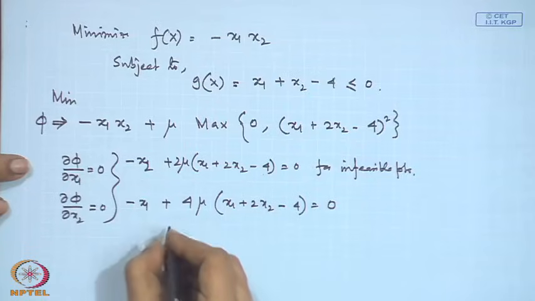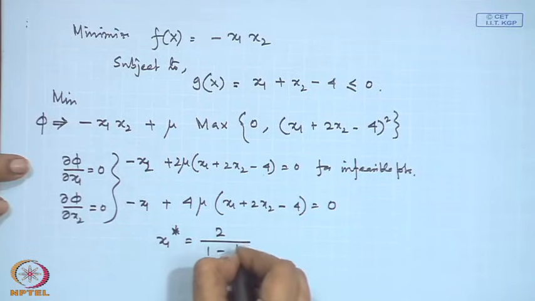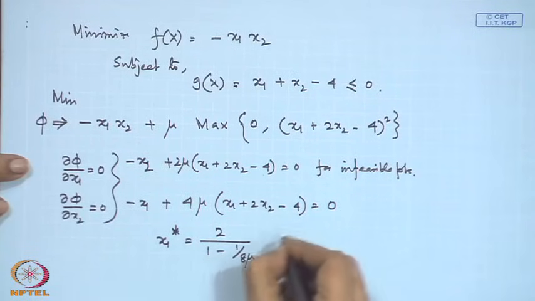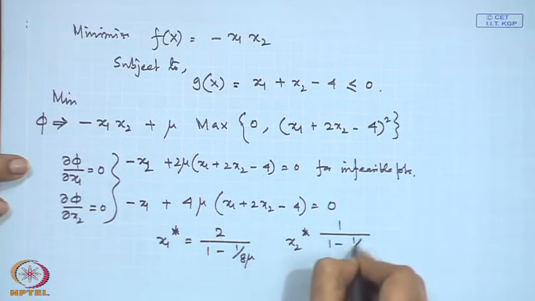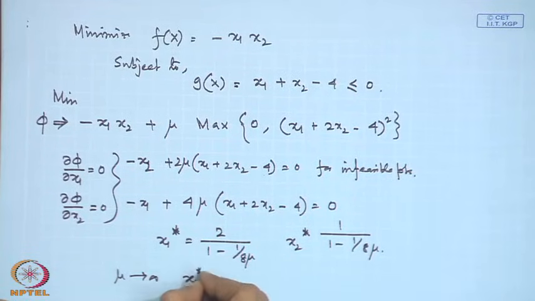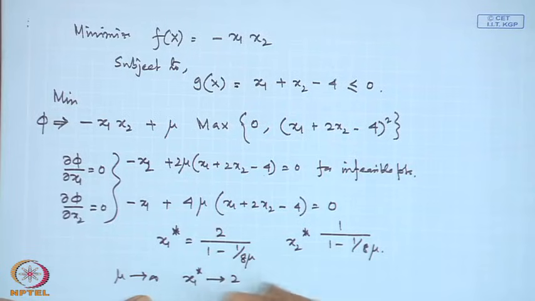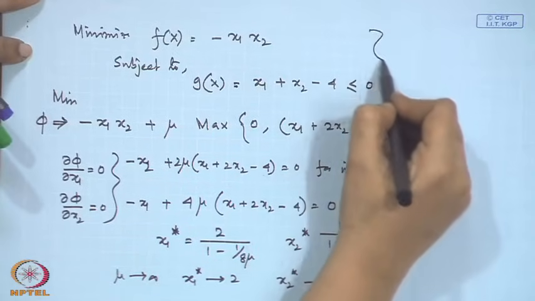Now, from both the equations we are getting x 1 star and x 2 star as functions of mu, and once mu is tending to infinity, the x 1 star value will approach 2 and the x 2 star value will approach 1, and this is the optimal solution of the original problem.